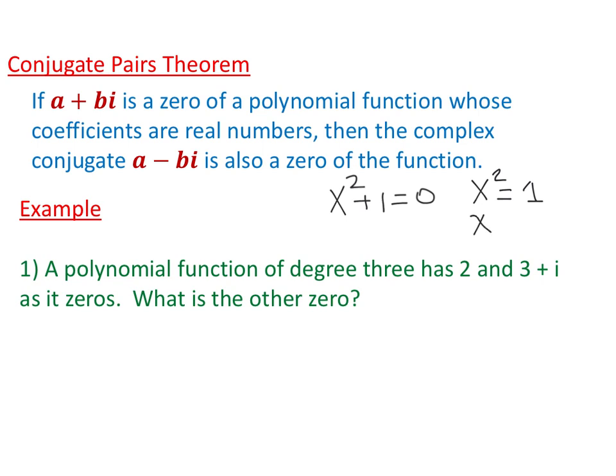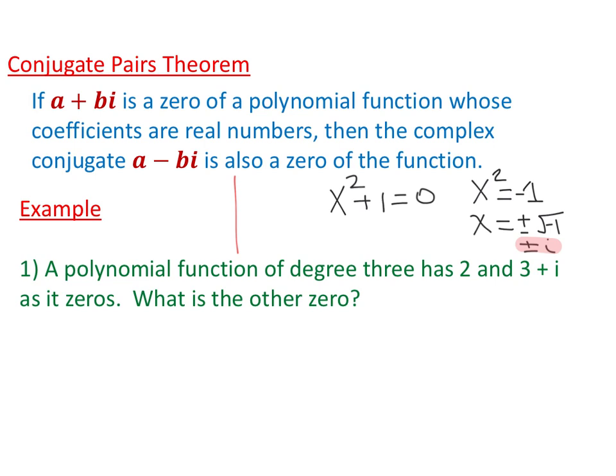So x is equal to plus or minus the square root of -1, which is equal to plus or minus i. So what we are saying here is that whenever you have complex imaginary solutions, they occur in pairs. You cannot have just one.